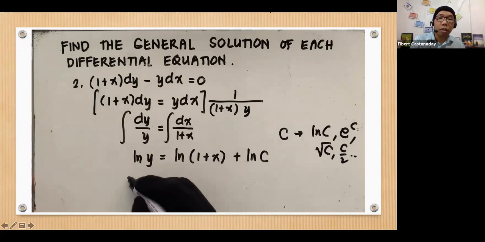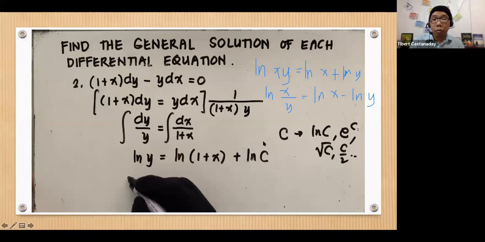So let's just recall the properties of logarithmic functions. ln of the product of x and y is equal to ln of x plus ln of y. And another one is ln of x over y, which can be written as ln of x, the numerator, minus ln of the denominator. So remember these properties.